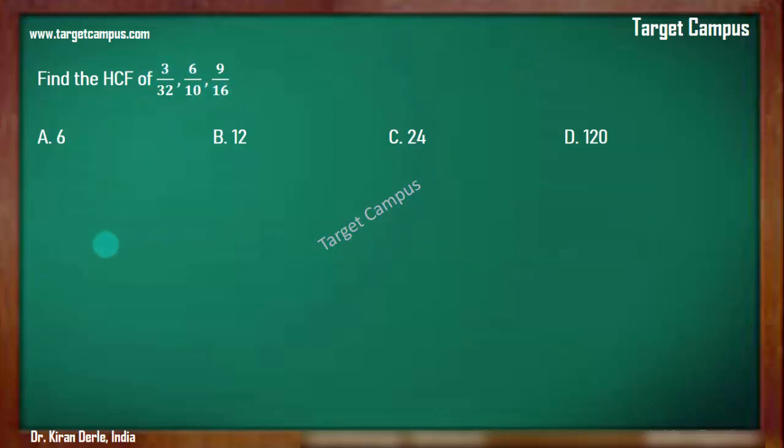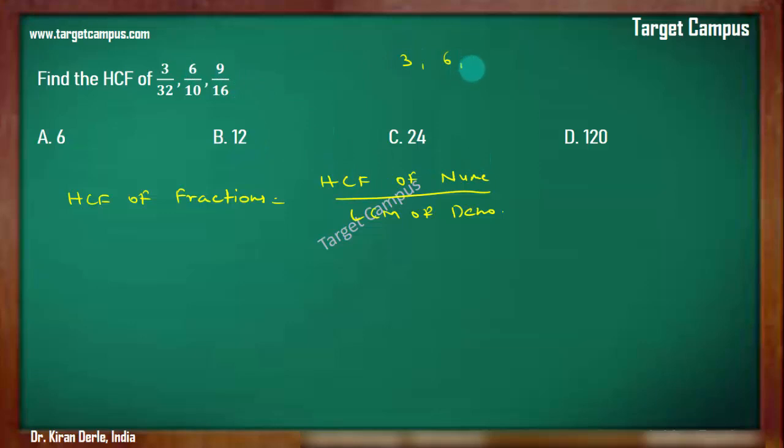Now the HCF of fractions is equal to the HCF of numerators upon the LCM of denominators, right? What is the HCF of numerators? 3, 6 and 9.